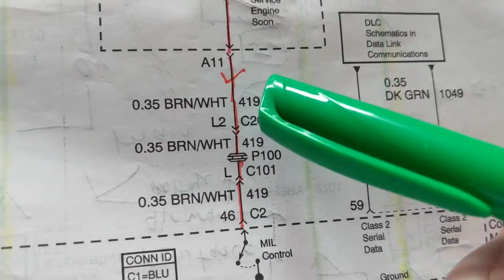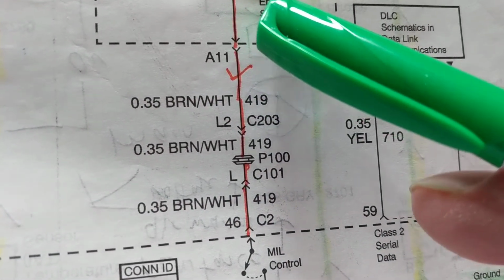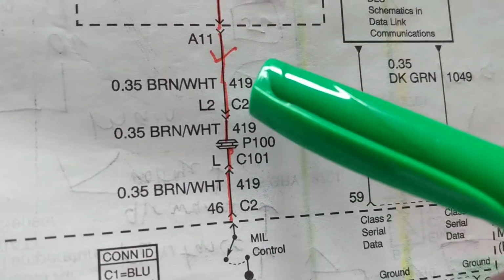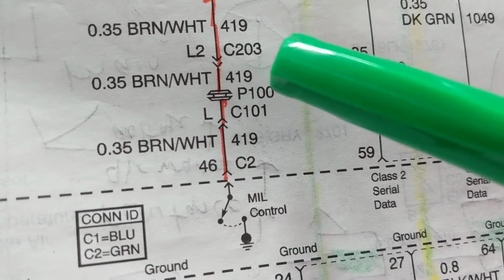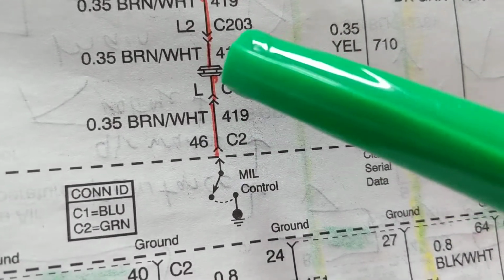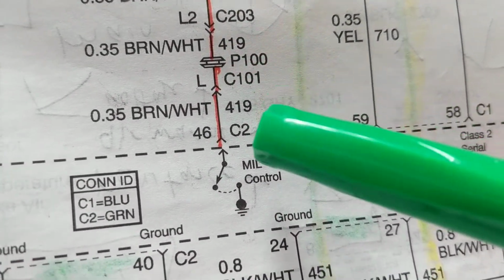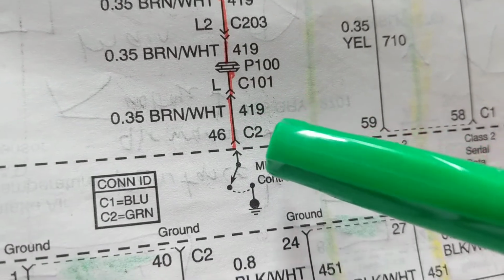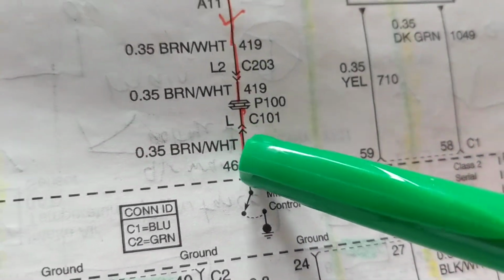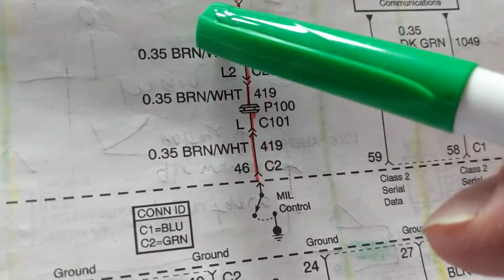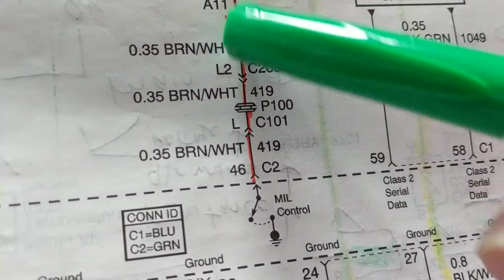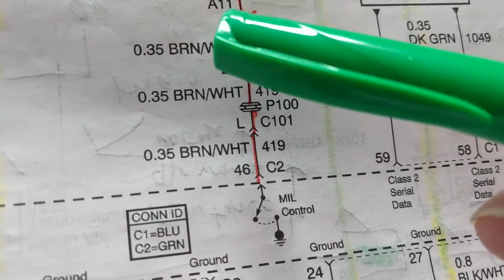Now we come into here. We come to, again, which one? A terminal connector A11, going through another connector, C203, going through a plug, actually, P100, going through another connector, C101, going through another connector, C2, at pin 46. Look how many connectors we went through. Wow. But they're all rated. Look at the color of the wire.